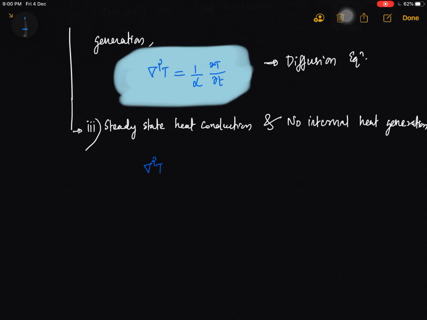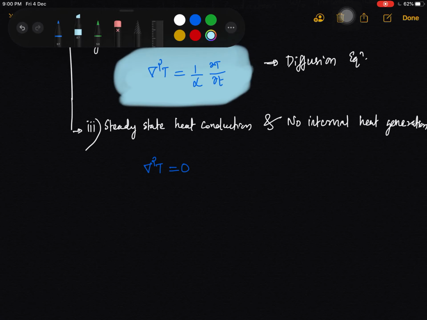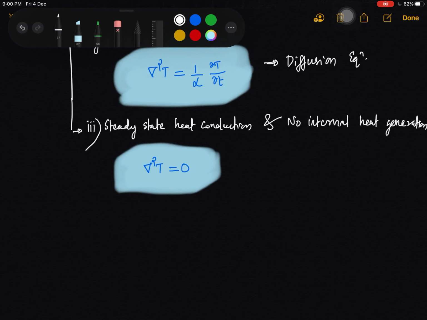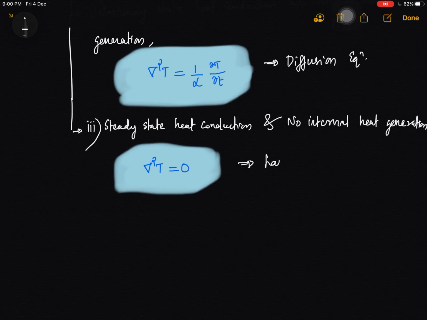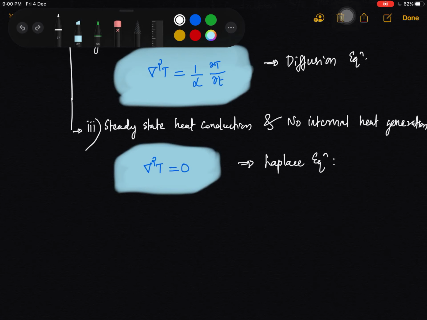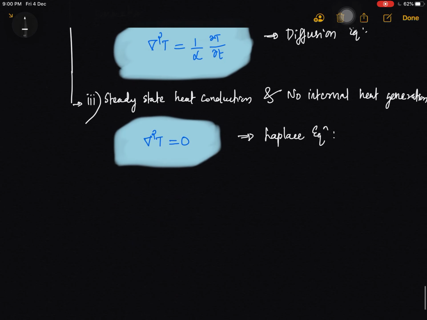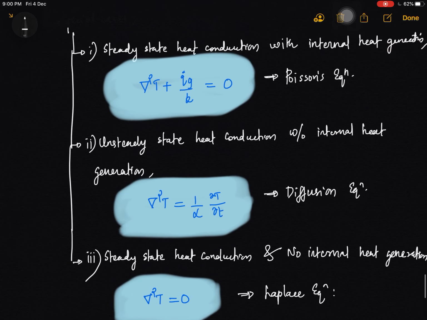In this case we can write the Fourier-Biot equation as del square T equal to 0, and this equation is called the Laplace equation. These are the three special cases for this particular Fourier-Biot equation.